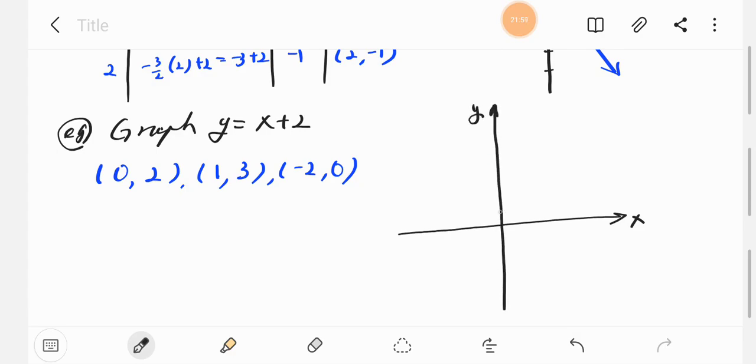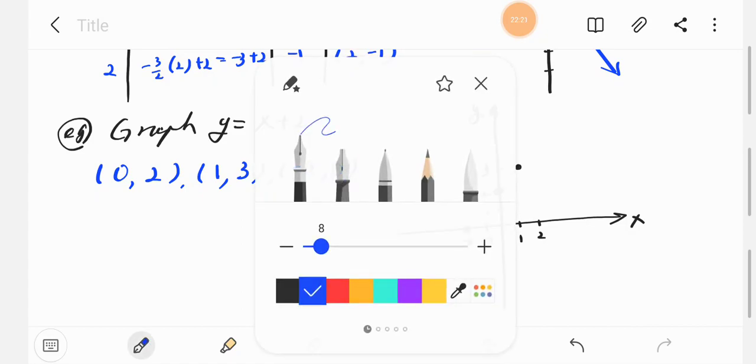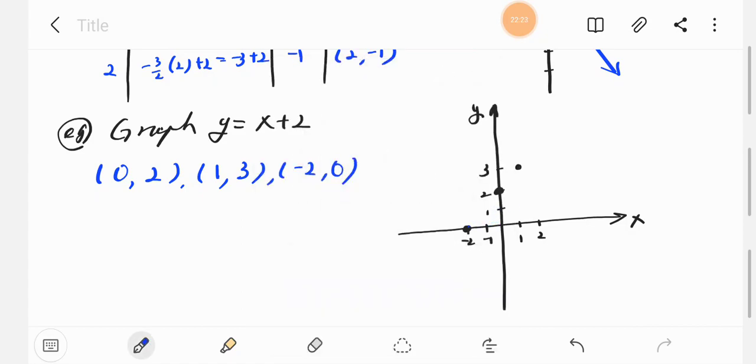If x equals 0, then y equals 2 over here. If x equals 1, then y is 3 over here. Then if x equals -2, y is 0. So that's it. Connect these 3 points.